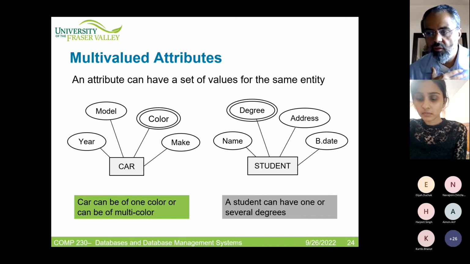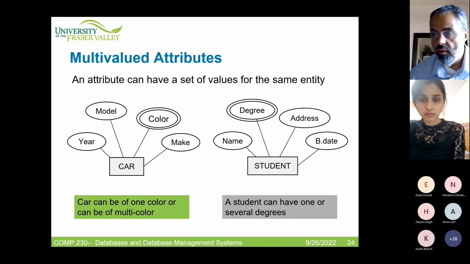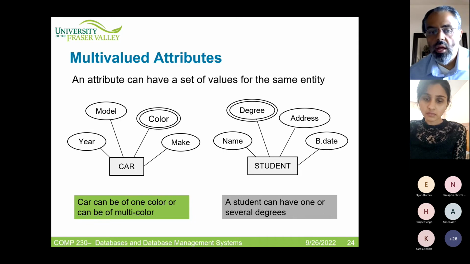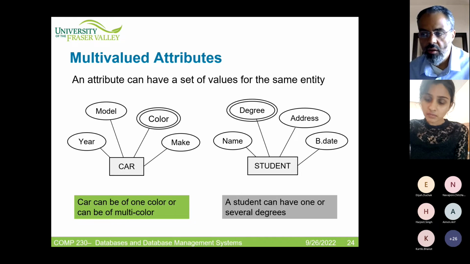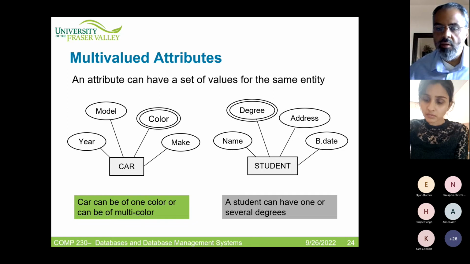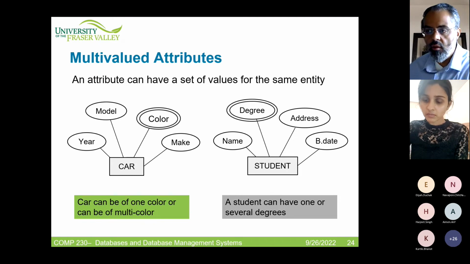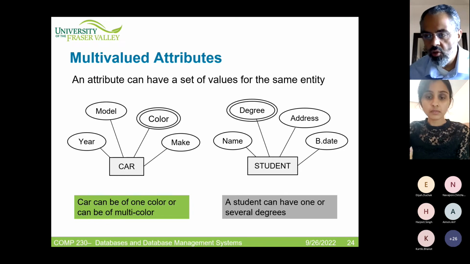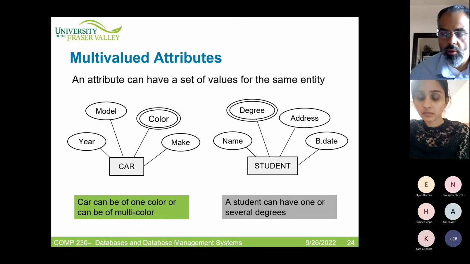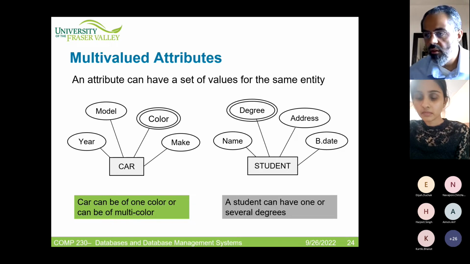For example, you as a student, later after you finish, maybe you will have 2 bachelor degrees, or you have a bachelor and a master, and you start your PhD now. For me, as Ismail, for example, I have 3 degrees. If I'm now a student in another institute and they are collecting information about me, and they ask me about my degrees, I say I have a bachelor, I have a master, I have a PhD.